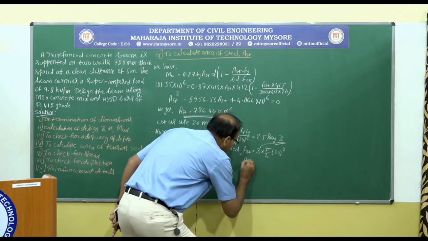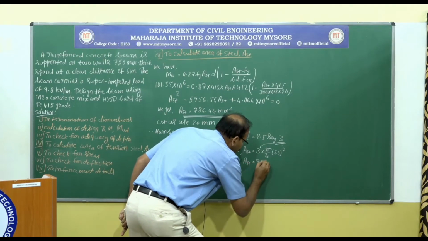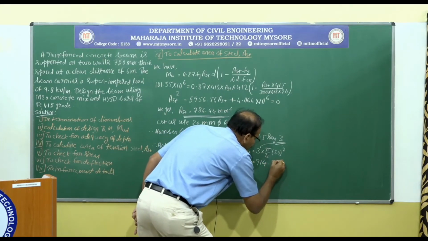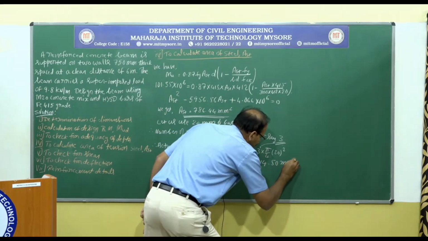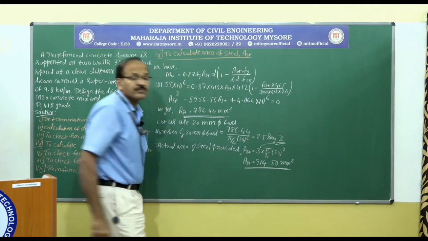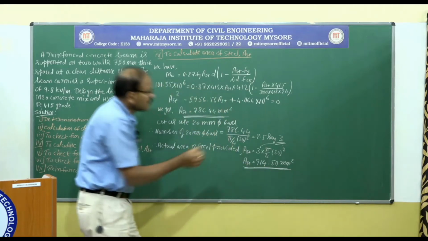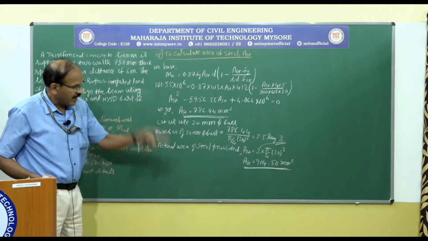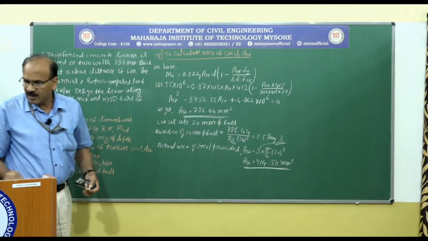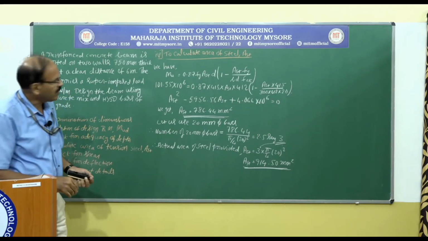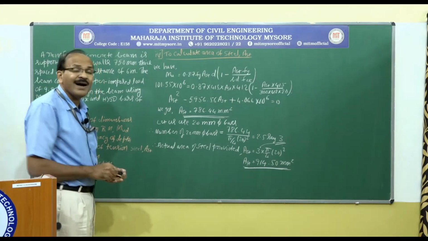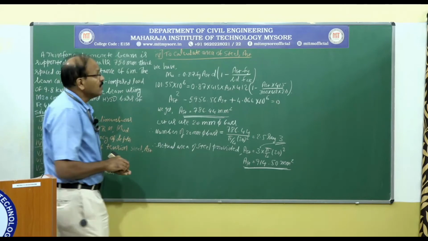That is equal to AST equal to 914.50 millimeter square. Okay. So this is the actual area we are providing. Next thing is we have to check for AST minimum and AST maximum.